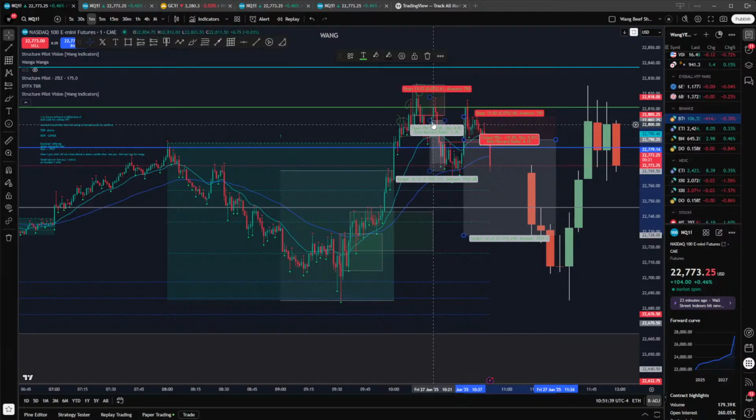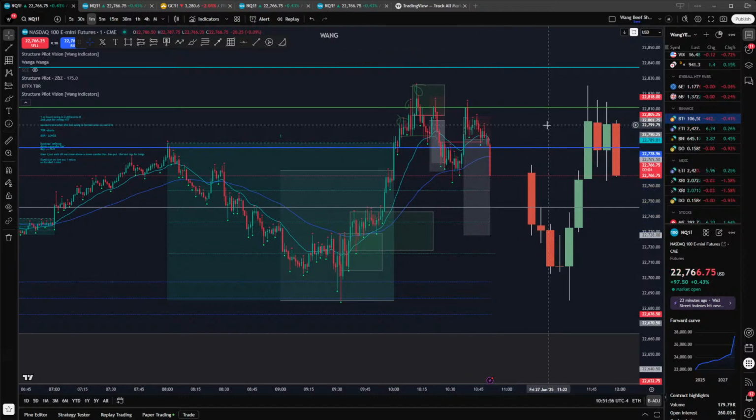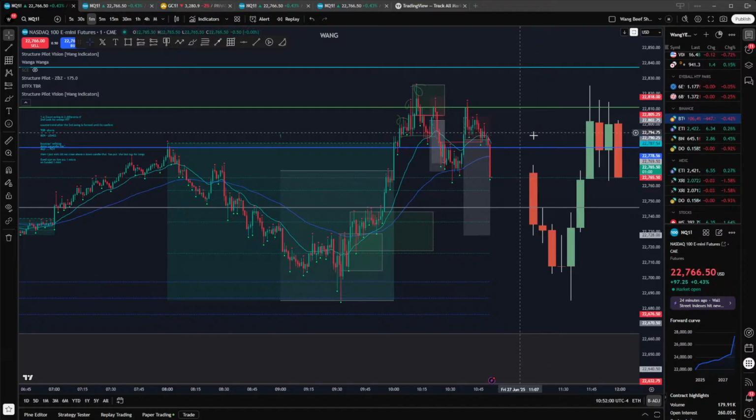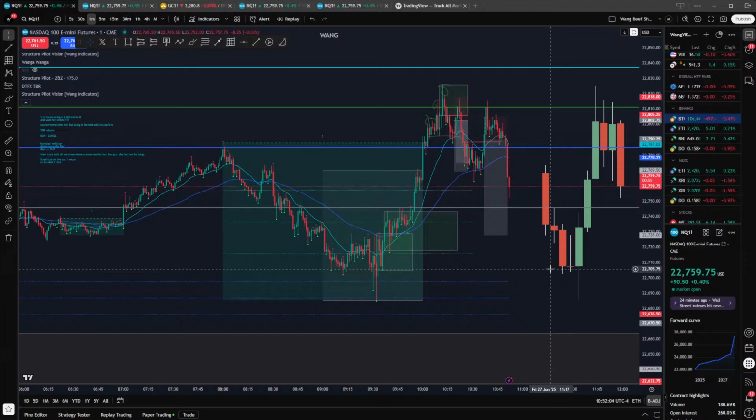And remember, we already realized 2R out of this, right there. Now let's see if price goes to target, which is down on this side. We'll see. I'm already at break even, of course. Not much else to say.